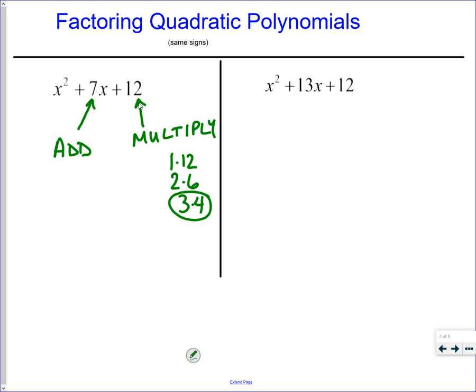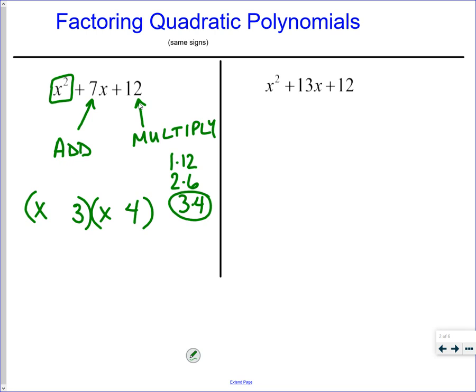So when we factor this today, again, we are reverse FOILing. We're going to get back into two binomials. This x squared right here came from an x times an x. The 12 came from multiplying the 3 and the 4. And the 7 came from adding the 3 and the 4.